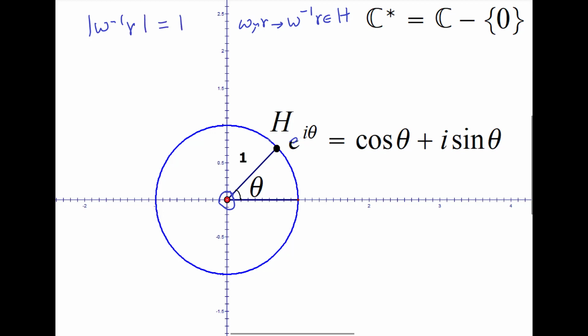That's the property of H, right? Which will mean 1 over the modulus of w, times the modulus of r, is 1. So what happens now is that the two will have the same length.